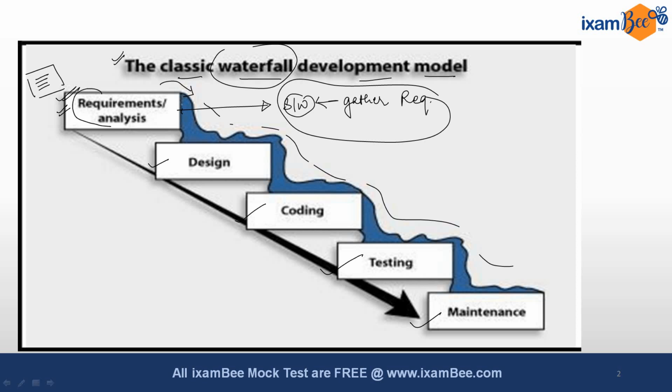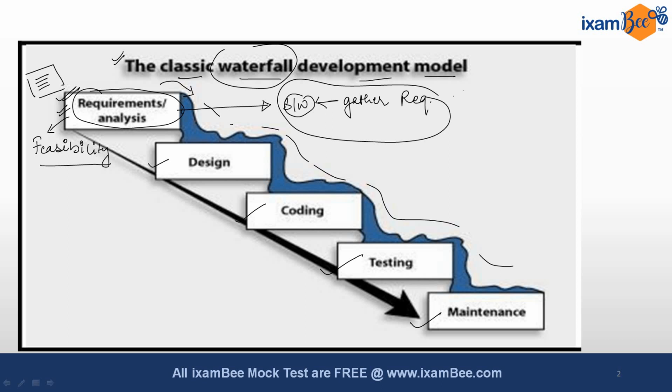In this phase, all the requirements are analyzed, and the feasibility is also tested, whether the software can be developed for the given requirements or not. So a feasibility study is also done in the requirement analysis phase.